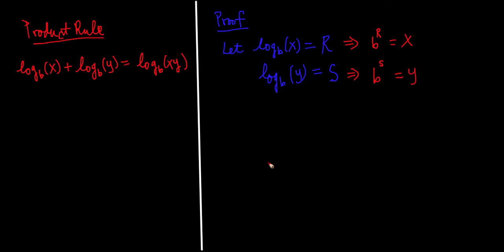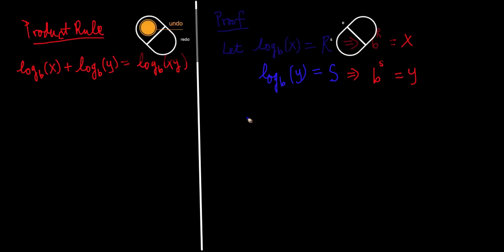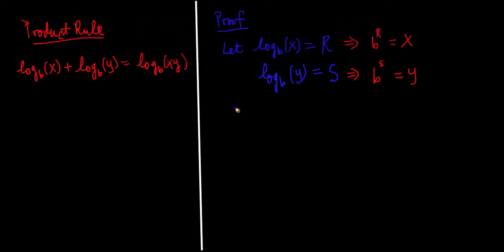So if we continue with this route, then we know that x times y must be equal to the stuff on the left side here, b to the r multiplied by b to the s. Now we can apply our basic rule of exponents when we have the same base and different exponents. Then we can add those two exponents together. So this is b to the r plus s.